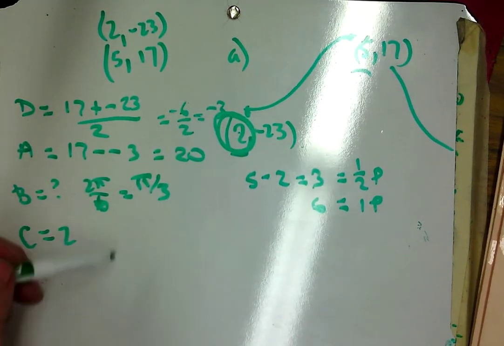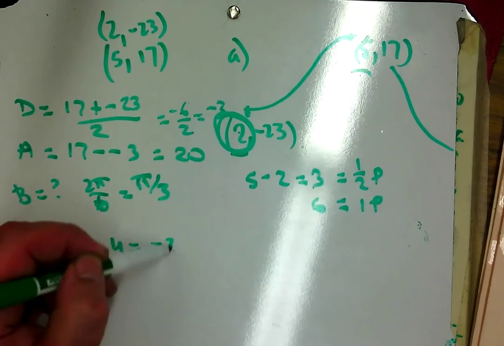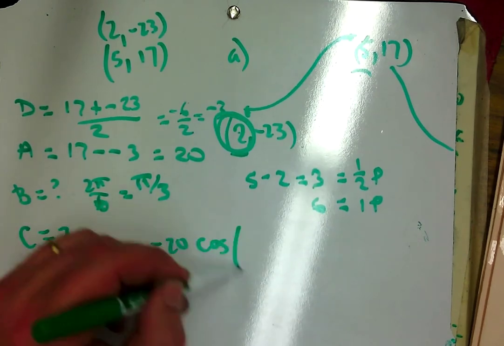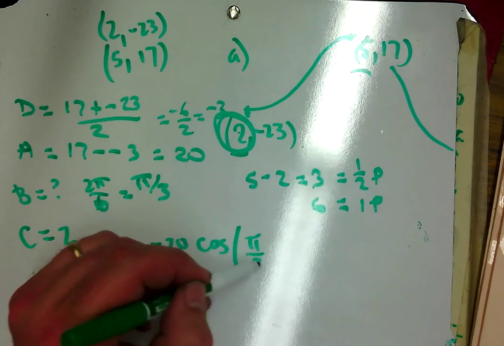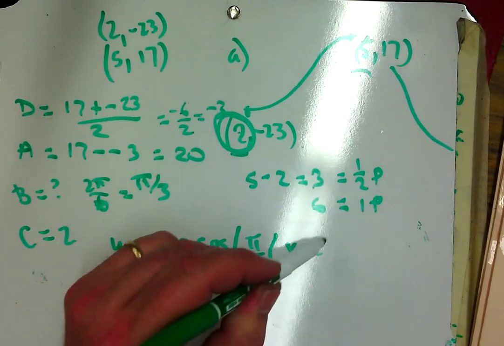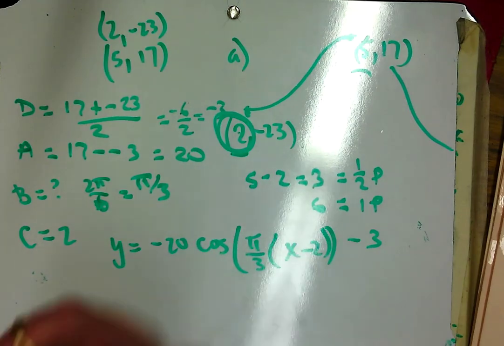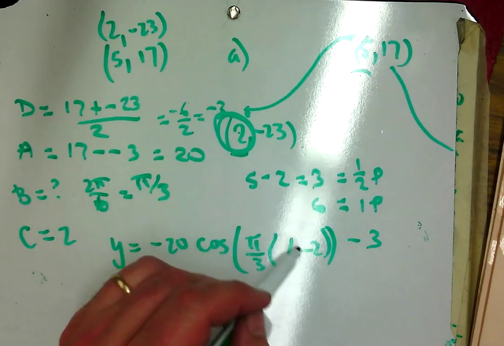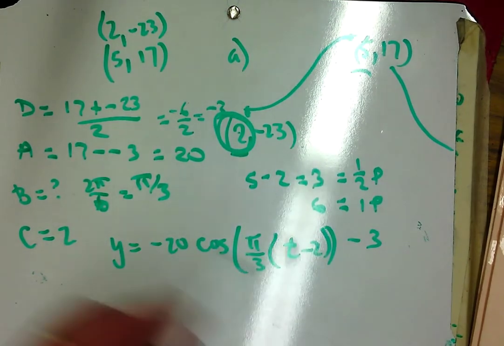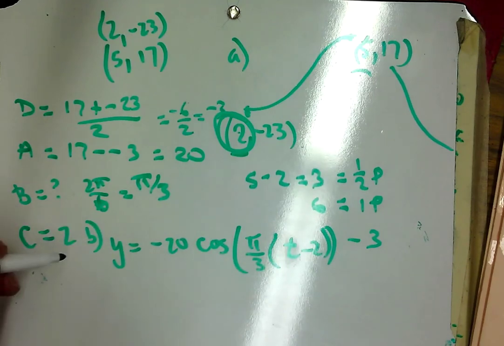So my equation here would be y equals -20 cosine pi over 3 (x minus 2), minus 3. Ooh, as a function of time, so put a t there.